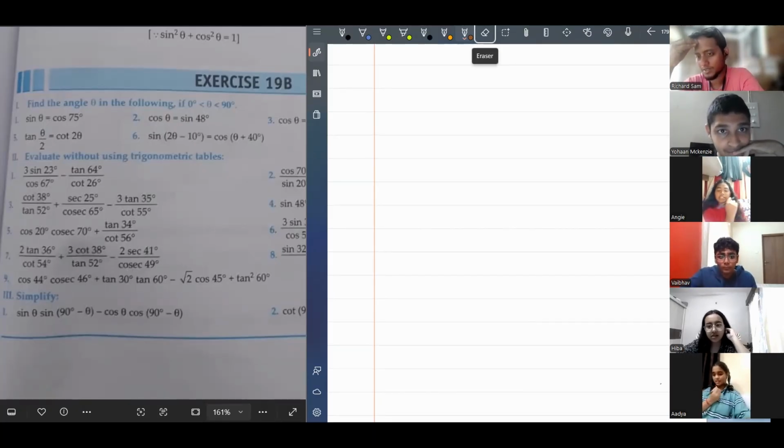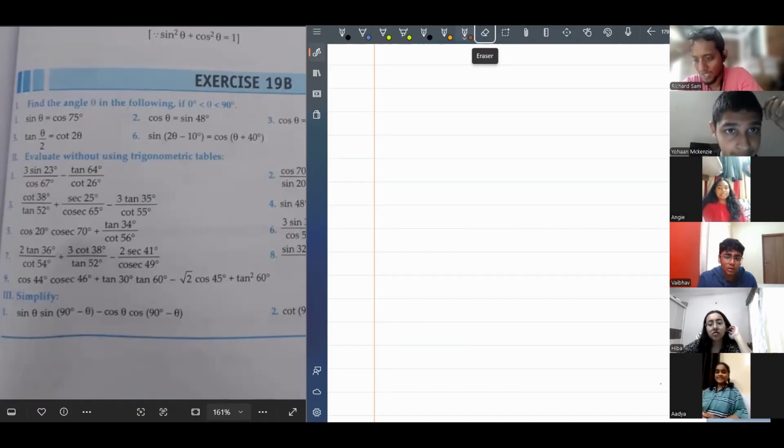Tan 30 degree? 1 by root 3. Tan 60 degree? Root 3. Cos 45 degree? 1 by root 2. Sin 90 degree?